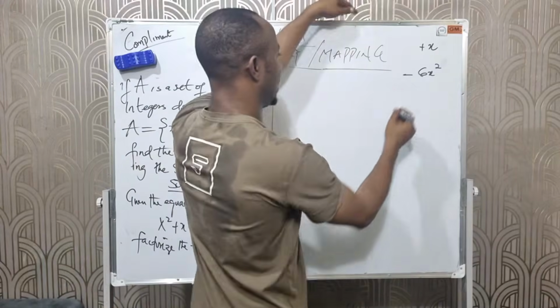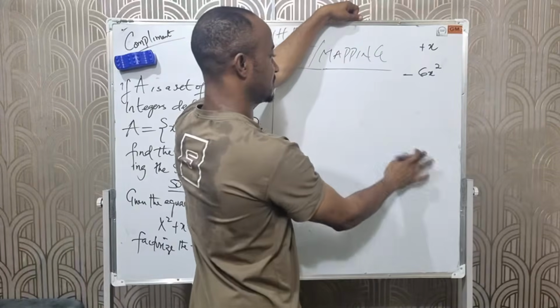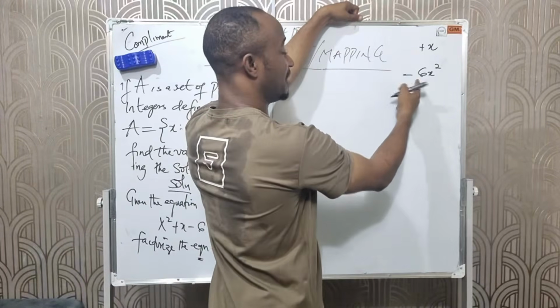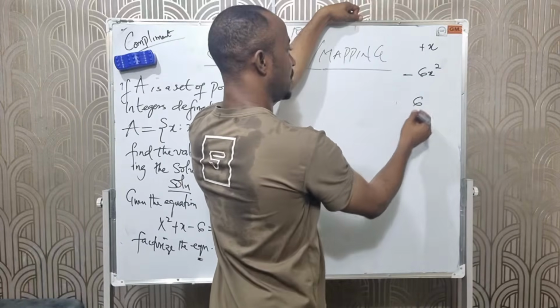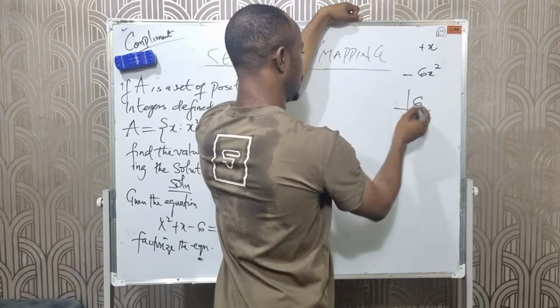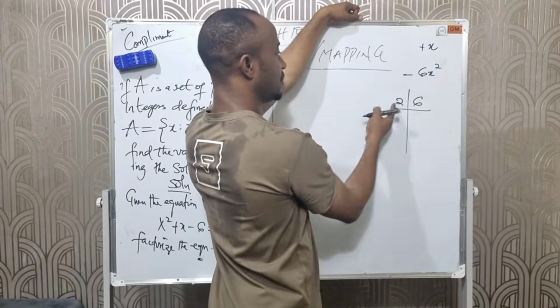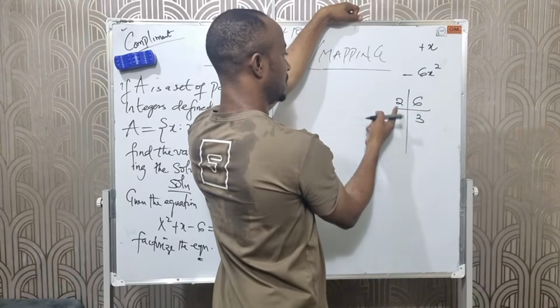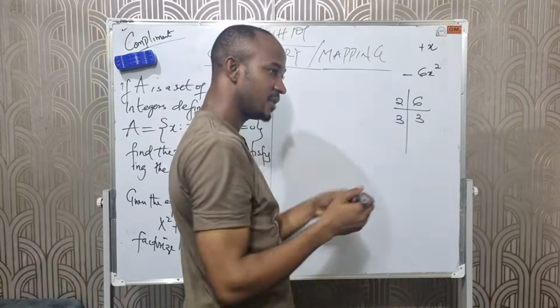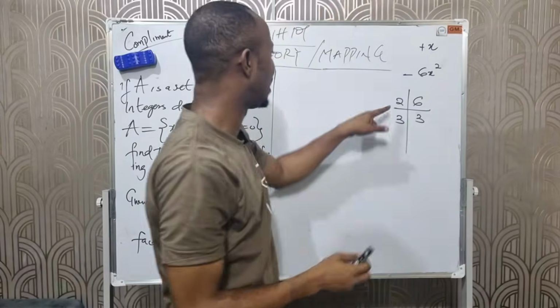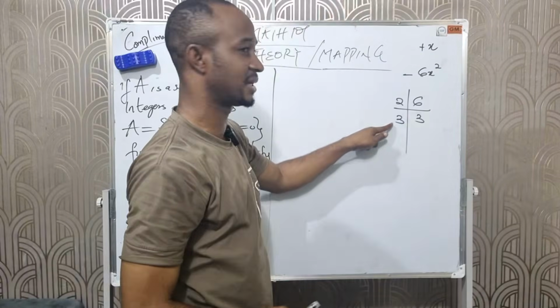There's this skill I always like using to explain this. Since we have 6 here, what can go into 6? The first is 2, and 2 times what is 3. What can go into 3 again is 3. For this, we can play along with these 2 numbers here, 2 and 3.